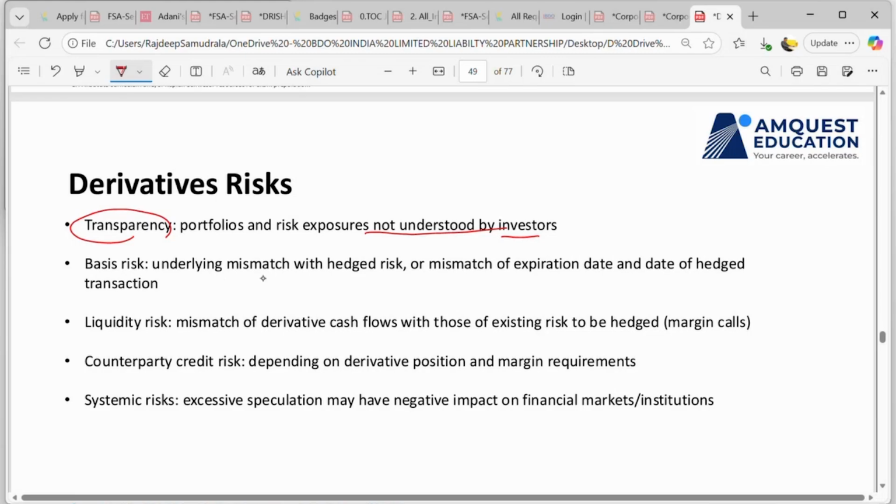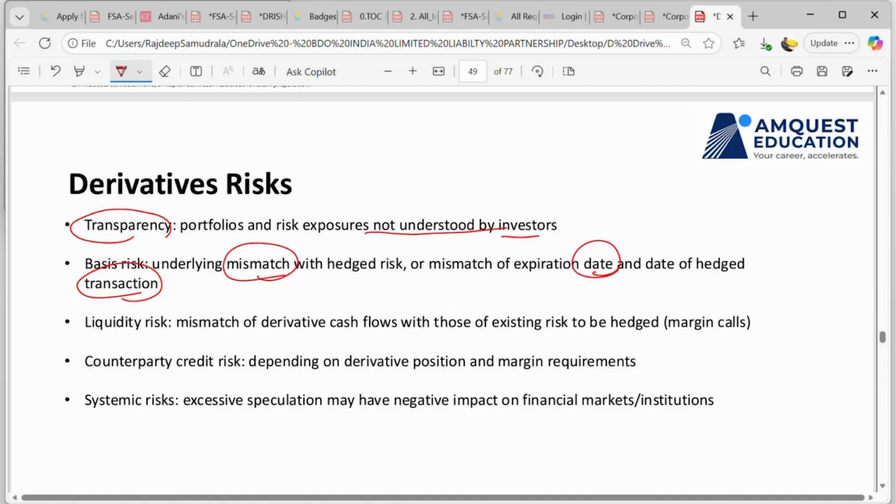Mismatch could be of the expiration date, of the transaction itself, or of the amount, because you may not find a derivative which is going to match one to one for the entire amount.